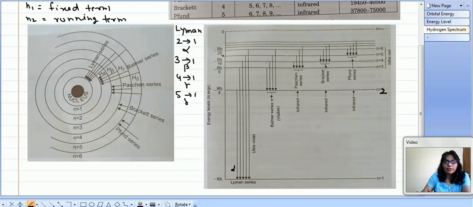In a similar way, here also Balmer series from 3 to 2, then 4 to 2, 5 to 2, and 6 to 2. So this is the alpha term, then beta, then gamma, and delta. And in this case also the first term is alpha, then beta, then gamma, and so on. So these two pictures are the same. So this is all about the hydrogen spectrum.